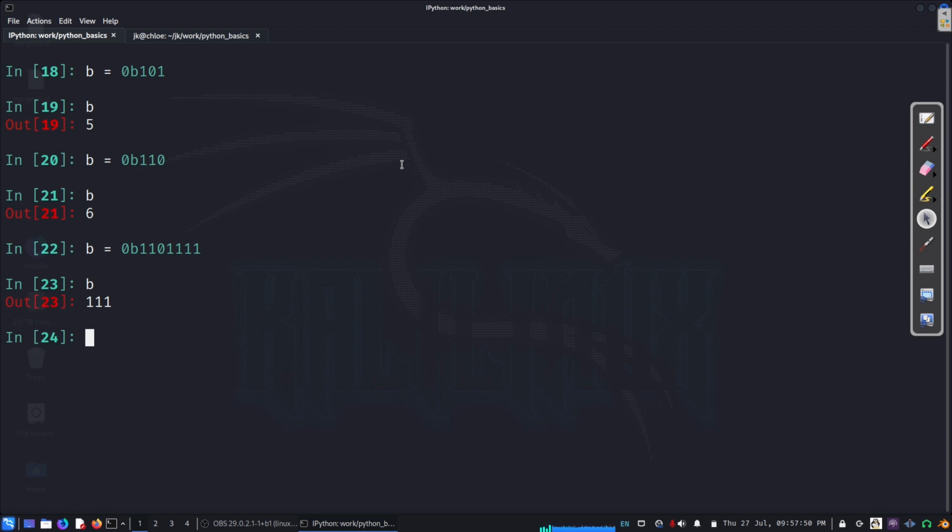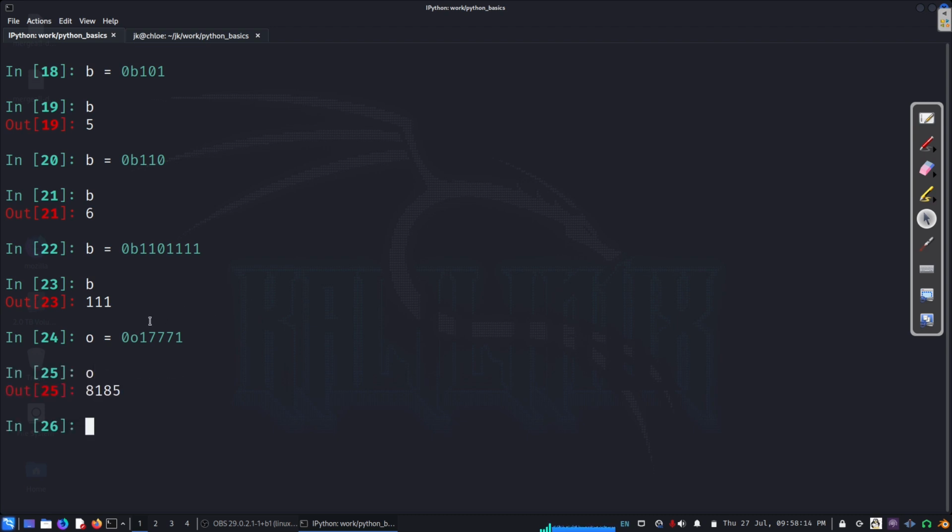Now similarly we have the octal numbers, for example O, right? Suppose I take 0 and a small o, and then say 1771, and I ask for O, that gives the actual decimal number.